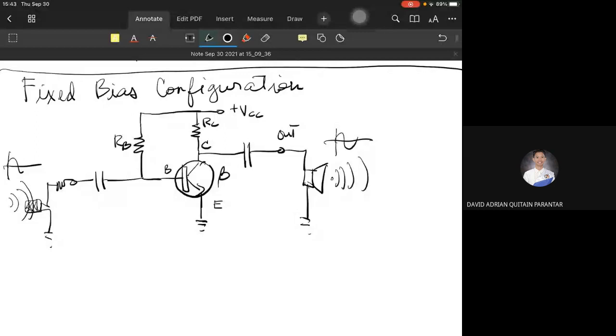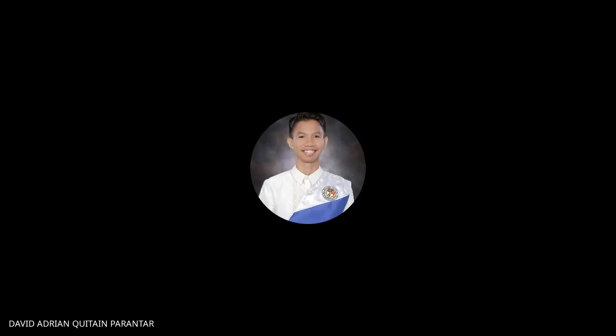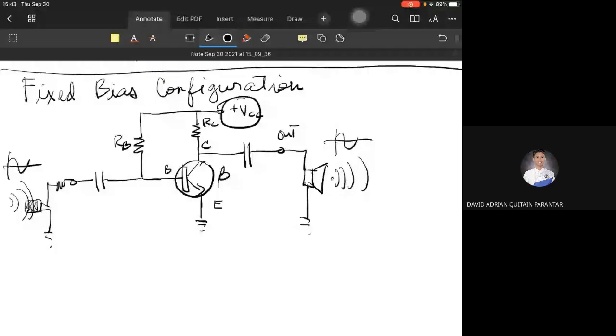So the purpose of these capacitors is to isolate the AC signal from the DC signal, so that the DC source does not interfere with the signal source, the microphone, and the speaker.